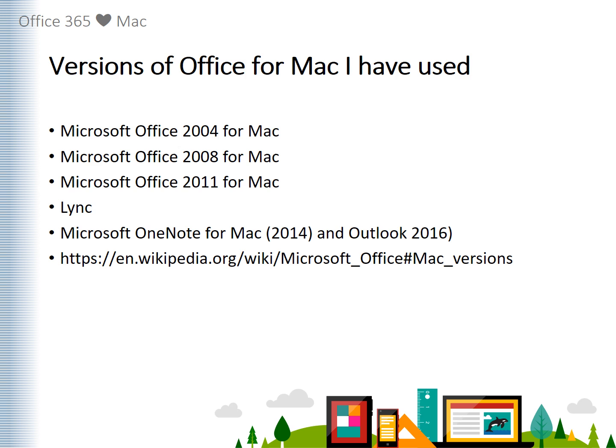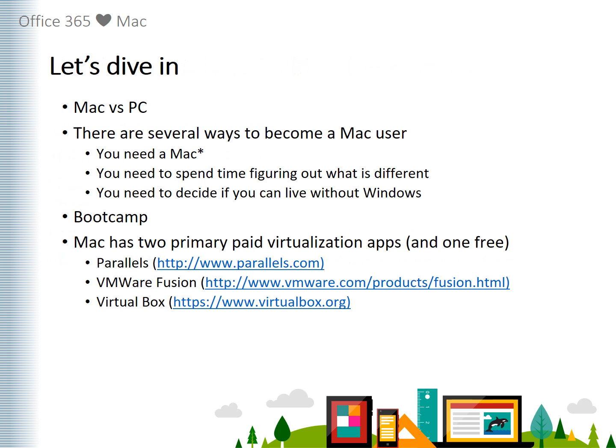The Office 2016 version for Mac actually was generally available before the PC version went to general availability. And again, this is a first time in a pretty big dramatic shift from what you can see in Office following the PC version by about a year.